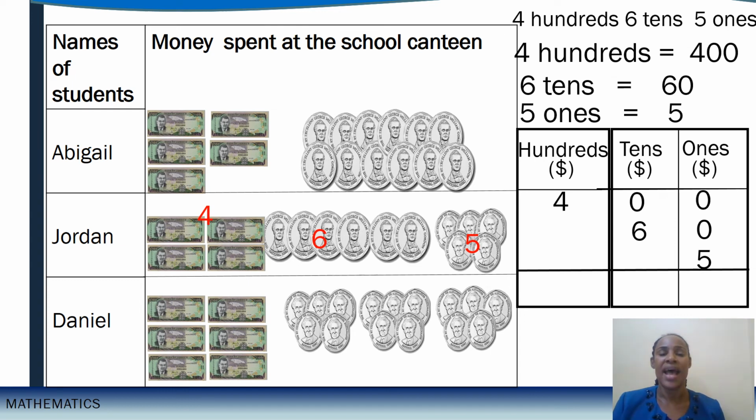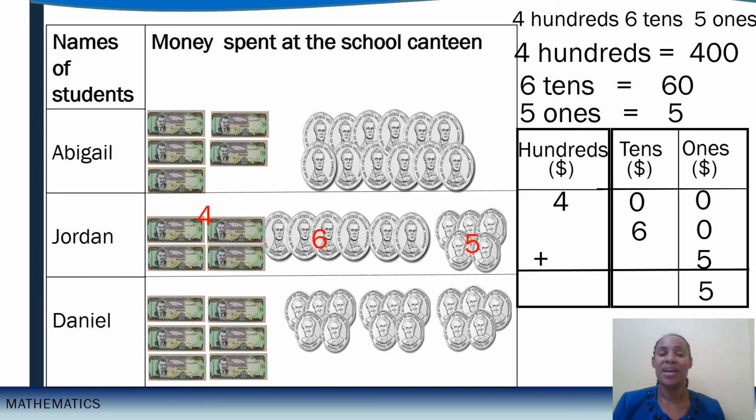For the ones we have 5 added to 0, added to 0, and that gives us 5. And then for the tens we have 0 tens and 6 tens. 6 tens added to 0 tens gives us 6 tens.